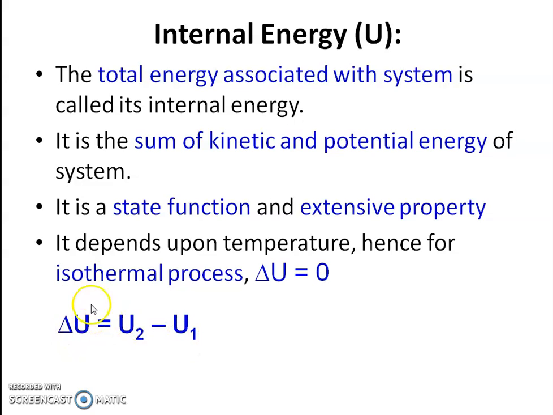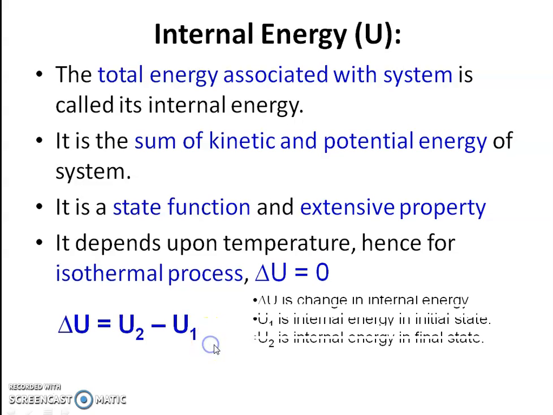So delta U is the change in internal energy, obtained by taking the difference between the internal energy of final state and initial state. Delta U equals U2 minus U1, where U1 is the internal energy in initial state, and U2 is the internal energy of final state.